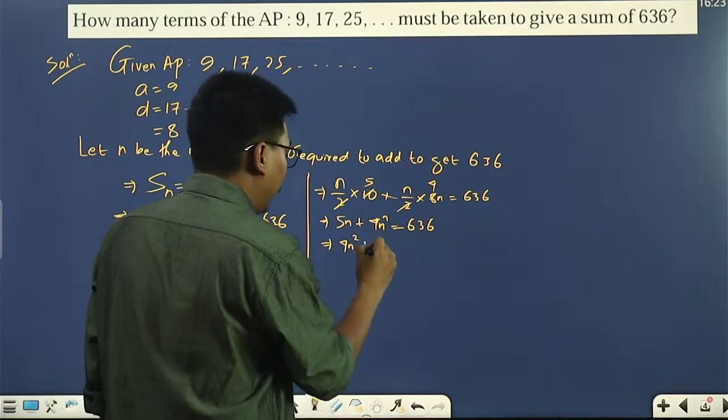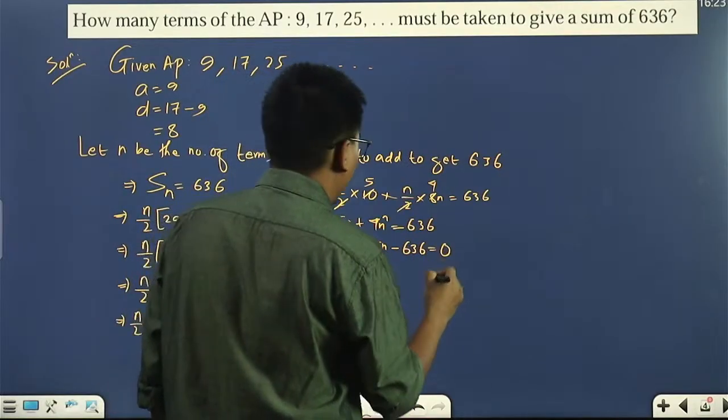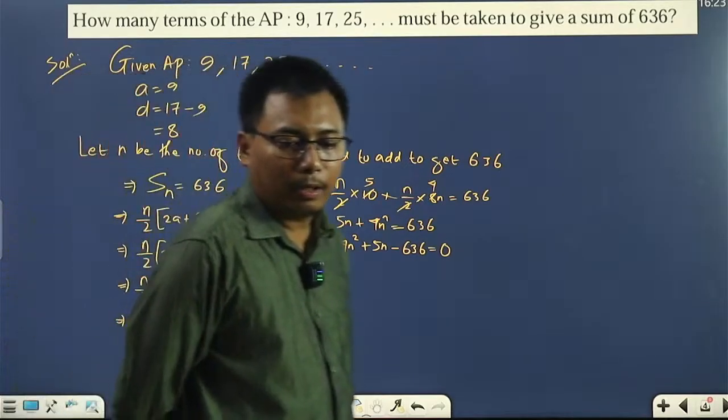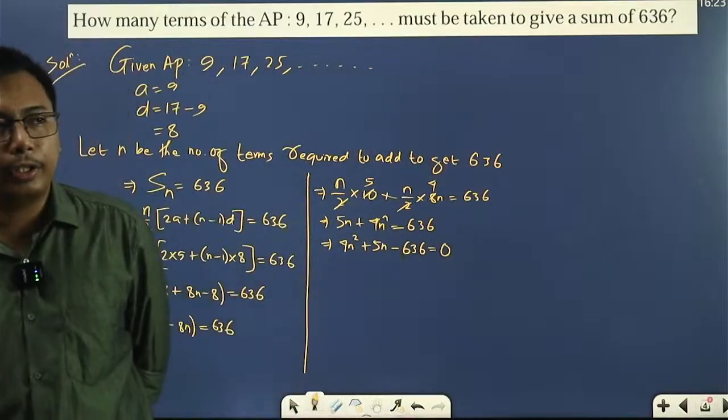So 4n square plus 5n minus 636 equal to 0. Alright, so we got a quadratic equation. If you solve this quadratic equation, you'll get your answer.